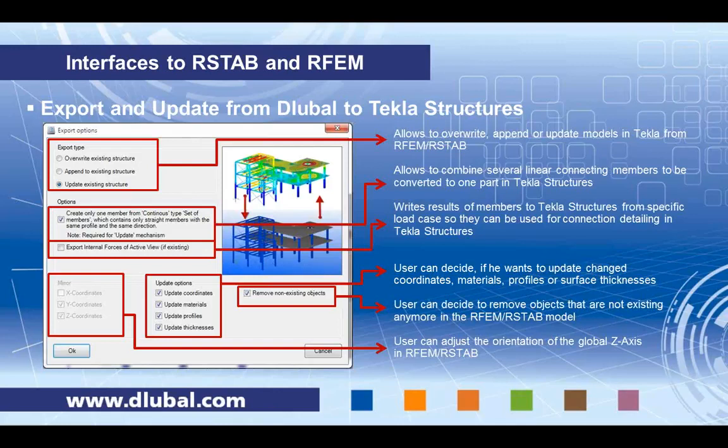If I leave it unchecked, it leaves everything untouched in Tekla what is not there in RFEM. Maybe it is a little bit complicated to explain by words, but it has a meaning. Okay.